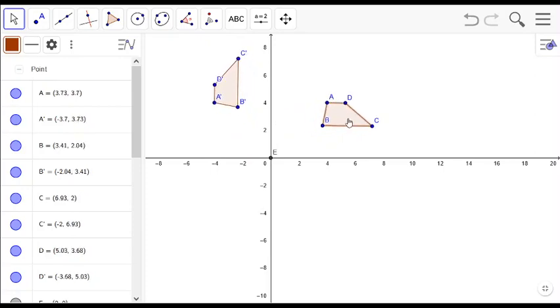You see I'm moving it and the image is also moving. This one looks nice, like (4, 4), (-4) and all that. It's not so nice, but it looks a bit good.